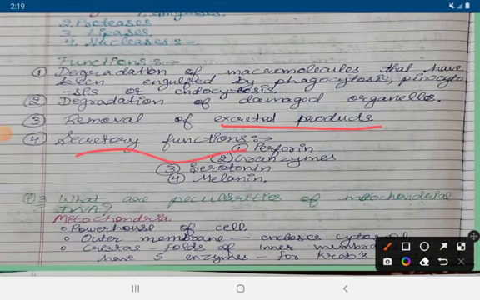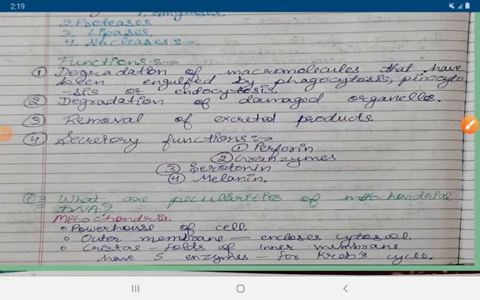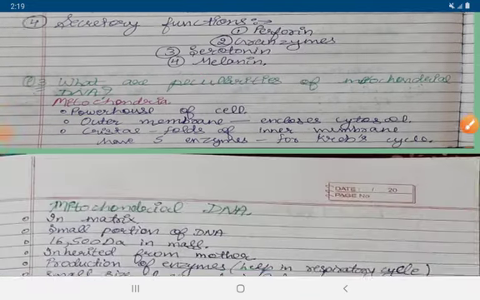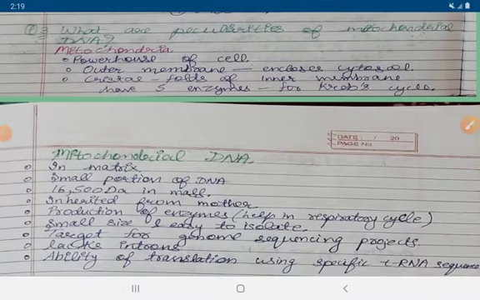For example, perforin and granzymes, which destroy microbes, and serotonin by mast cells that carry out allergic response, and then melanin secretion from melanocytes.